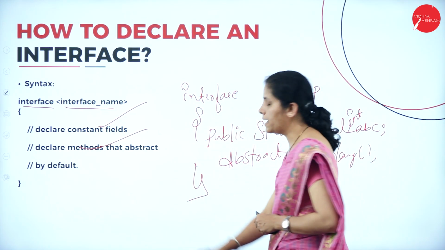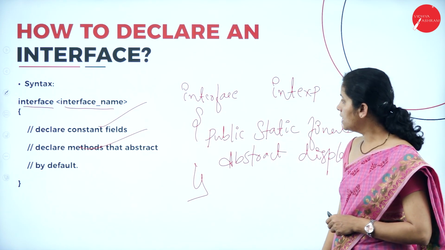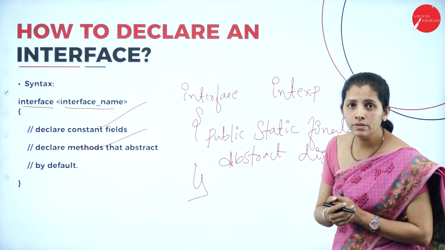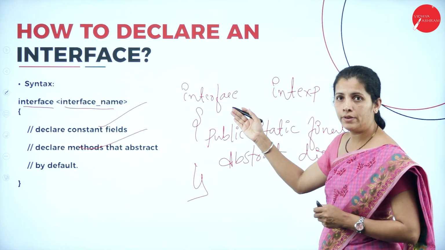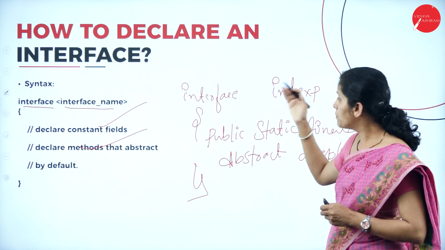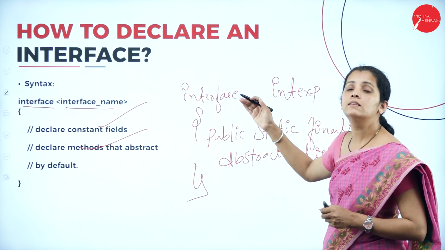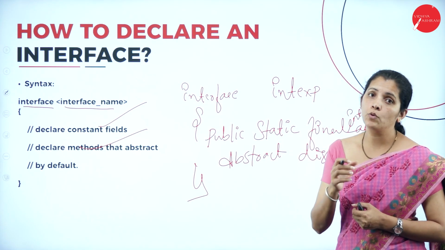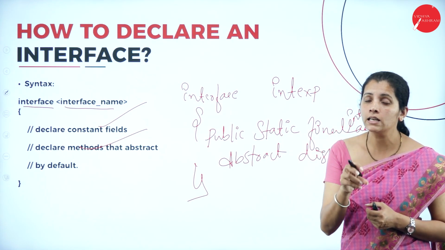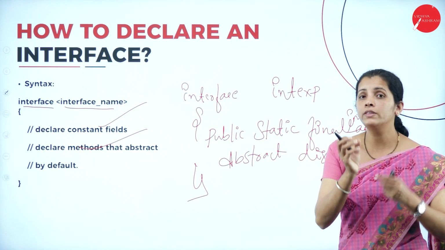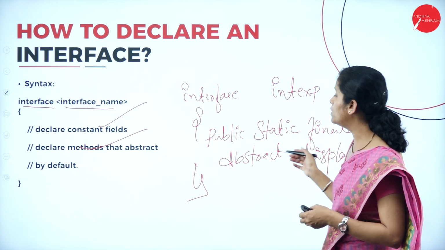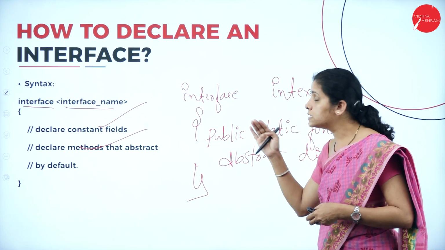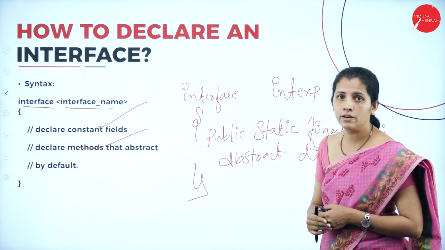and close my interface. Now, I cannot create any object of this interface. For that reason, I am going to implement this interface in some other class. After that, I am going to create the object of that class. With the help of that class object, I can access all the fields as well as methods which are present in my interface.